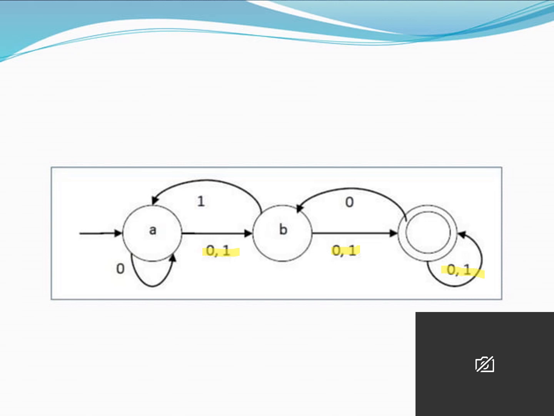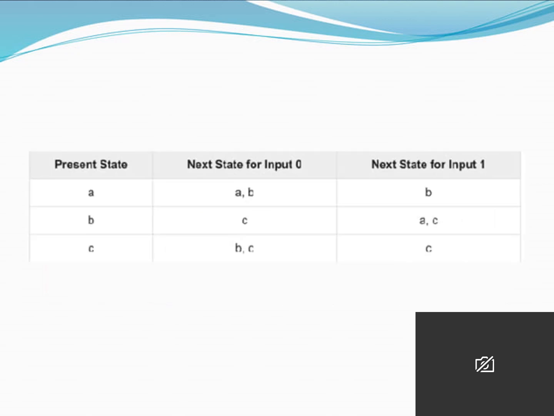This is one example for an NFA. In the transition diagram also, not only one input from one state to another, it can have two or three inputs, and output states can be reached from the non-deterministic finite automata, NFA.